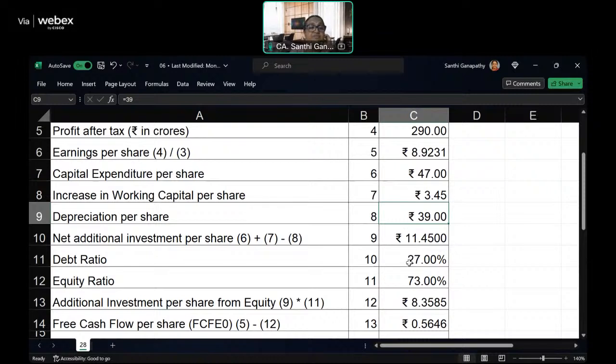Balance 73% should come from equity. So let us see what is the additional investment per share from equity. Free cash flow will be whatever is the earnings per share minus the additional investment per share from equity. So that will give us the free cash flow.